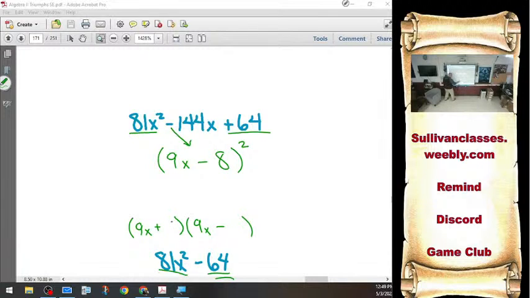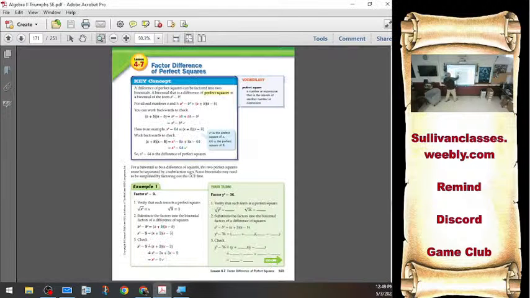Square root of that guy, 8. Done. That's it. These are special forms of quadratics, and they got their own special way to do stuff. So do you have your chart ready to roll, because it's going to do all the work for you?